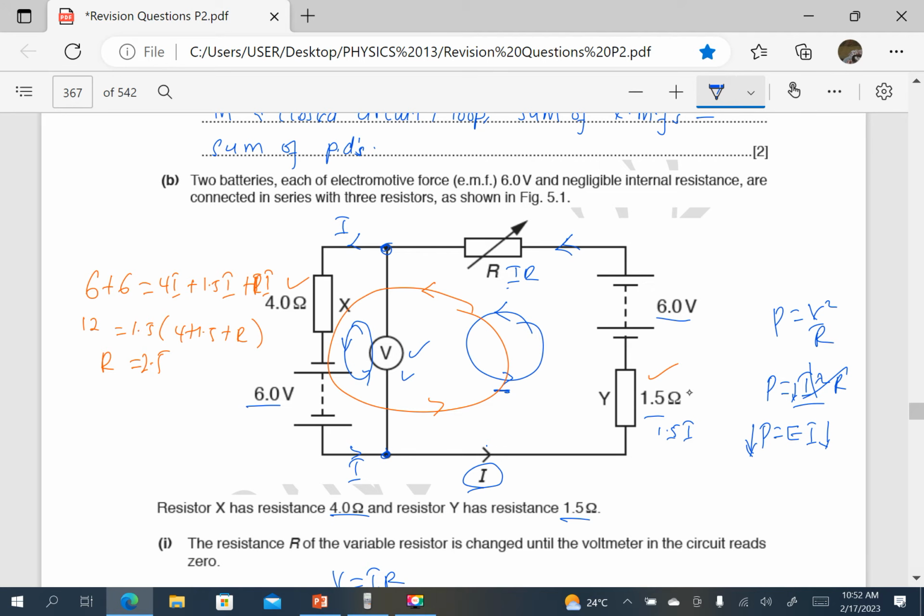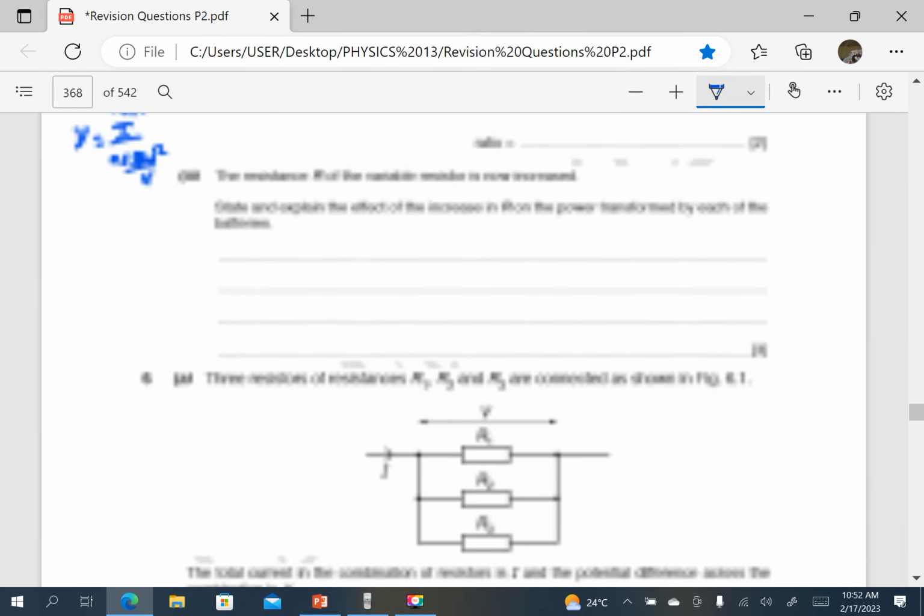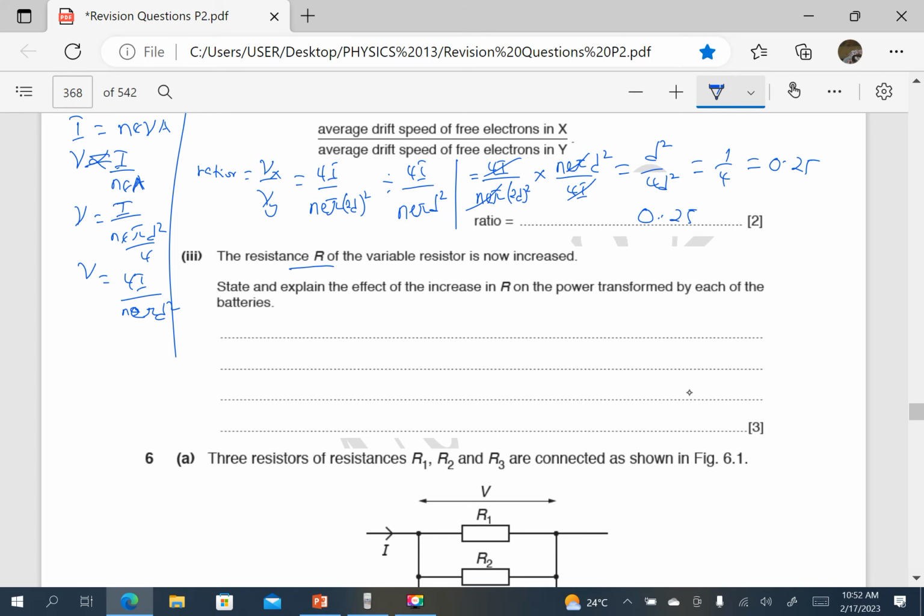Or alternatively, if the EMF is not changing, this is going to be E squared over R. If the EMF does not change, and the resistance R increases, you notice that the power actually decreases. Therefore, we are saying that total circuit resistance increases because they're in series.